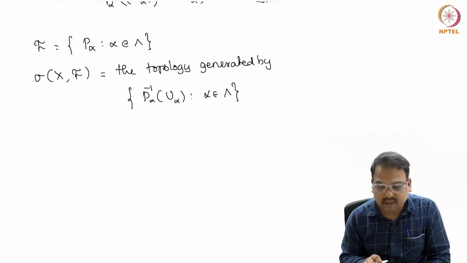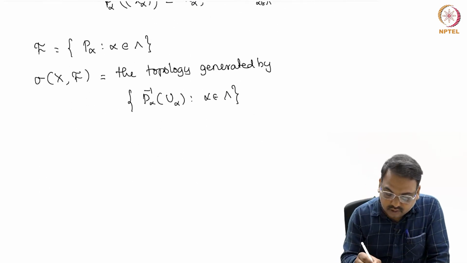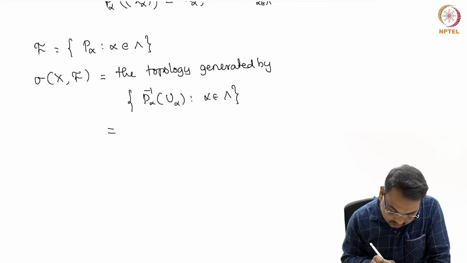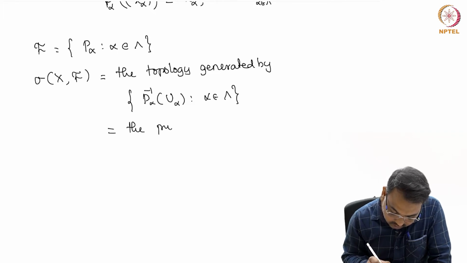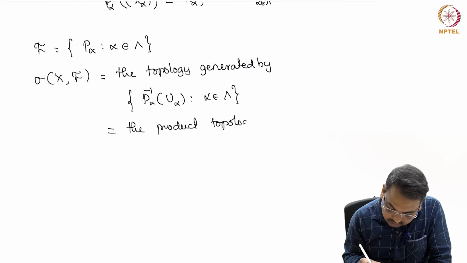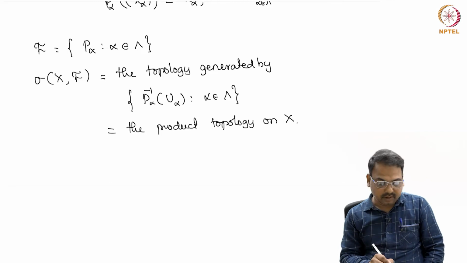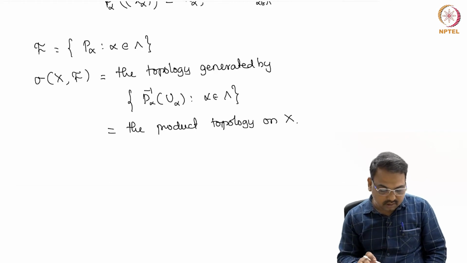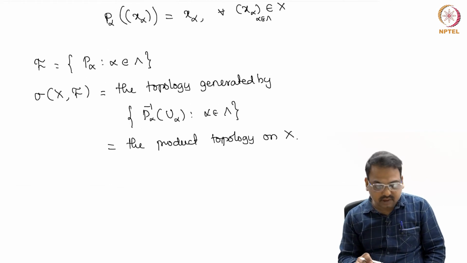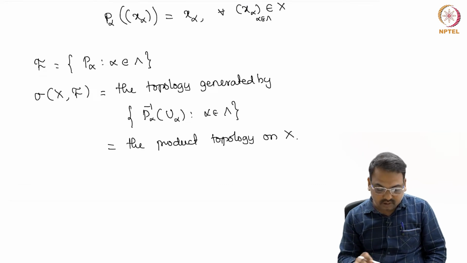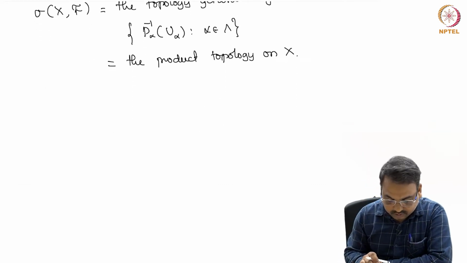But we know that this is nothing but the product topology. So this is exactly the product topology on X. In this case, the weak topology generated by the family of projections is the product topology.